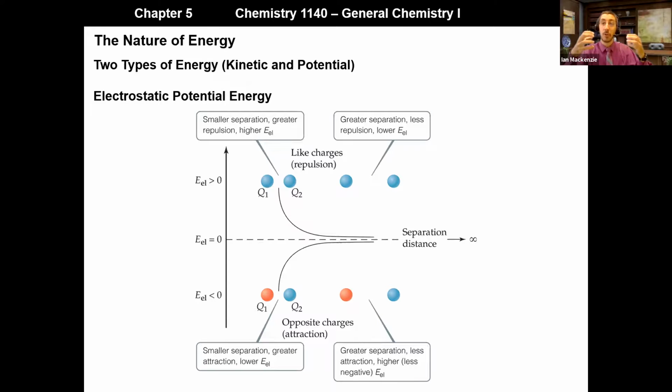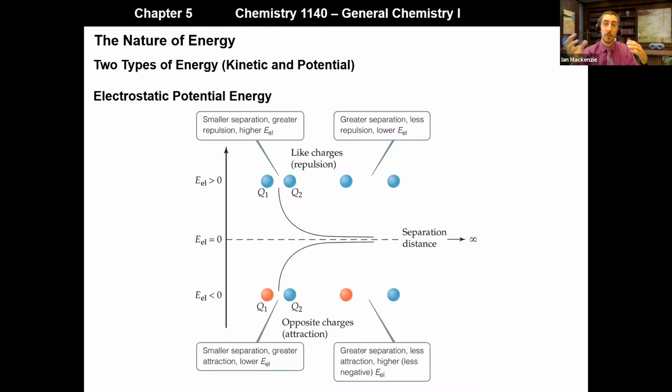If I were to release those two charges, that stored energy would be converted to kinetic energy quickly, and those two charges would just bounce away from each other immediately because they repel each other. And so as I bring those two together, the energy of the system, the potential energy, goes up.